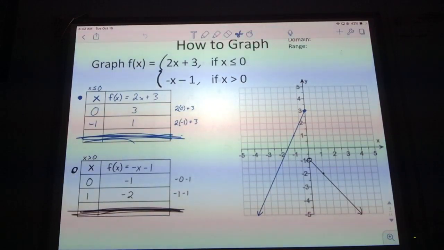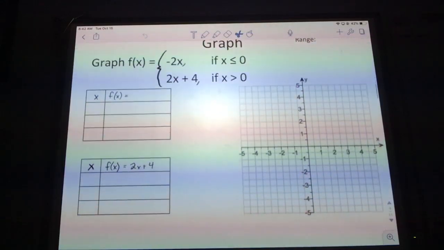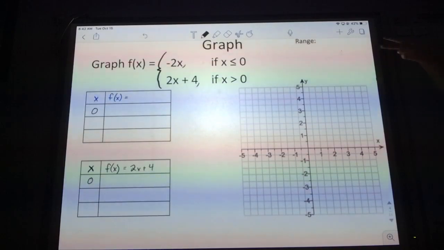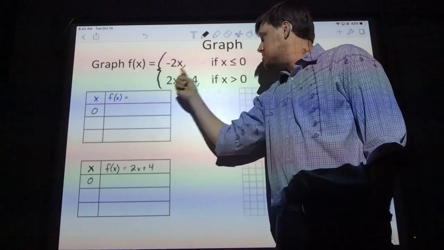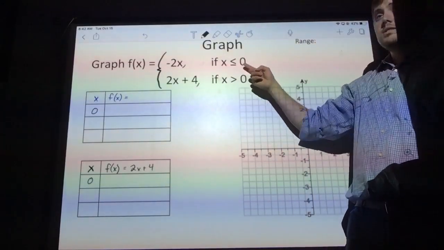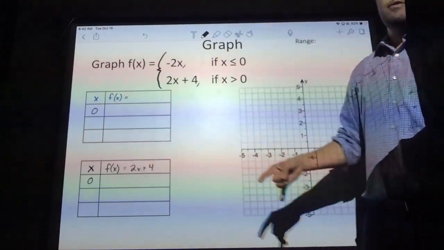We good? Yeah. So it's always 0 and positive 1 for x, and always 0 and negative 1 for the first one. So it always starts at whatever number's here. This number just depends on where we're going. So this number could be a 2, and then it would be something less than a 2 and greater than 2. It always starts at that number, and then wherever you go from there.